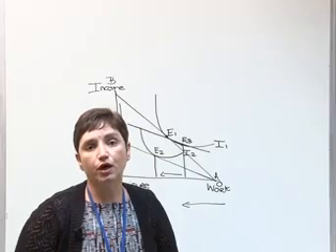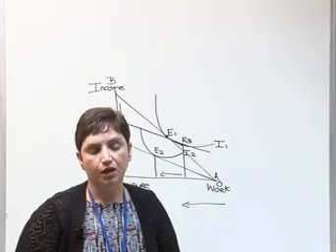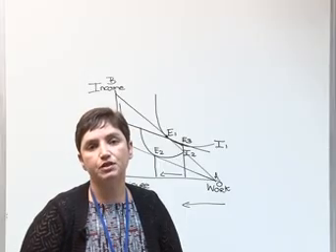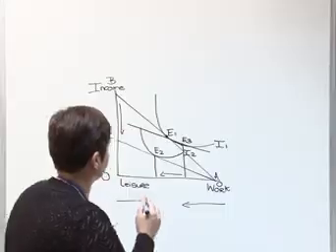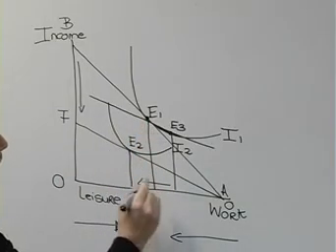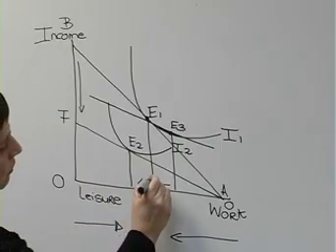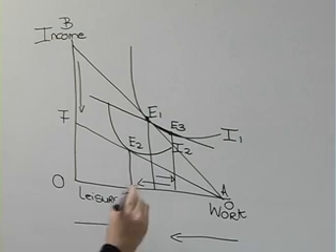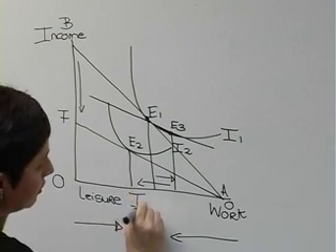So the more you earn, the more you pay. So in this case also, what happens is the substitution effect. And the substitution effect is only from E1 to E3 there. So this is the income effect.